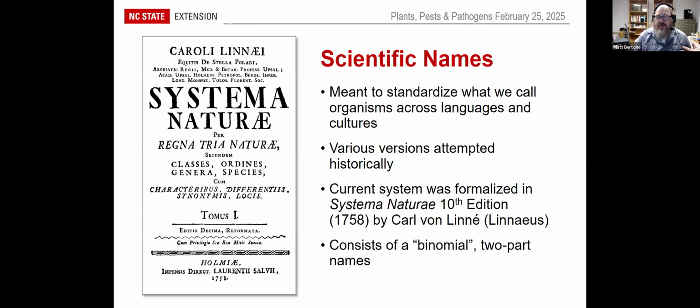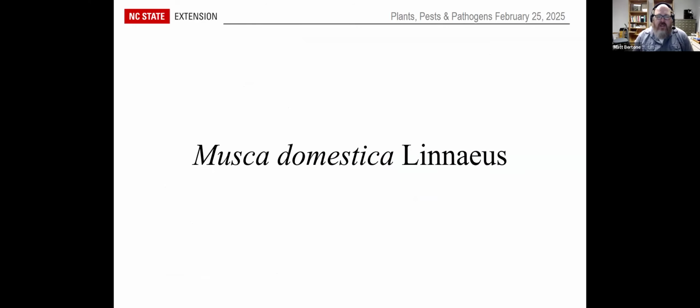And in fact, Linnaeus was actually a botanist, although in this book he described lots of different organisms. One of them happens to be Musca domestica. So here is a scientific name and the components of it. This is kind of the full scientific name, although I will say that oftentimes the year is at the end as well, so when this description was made.